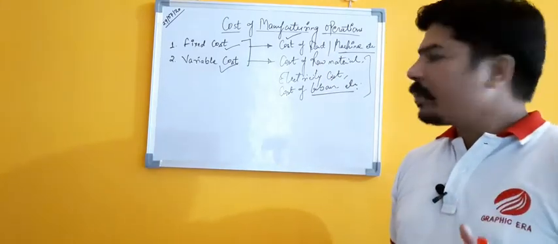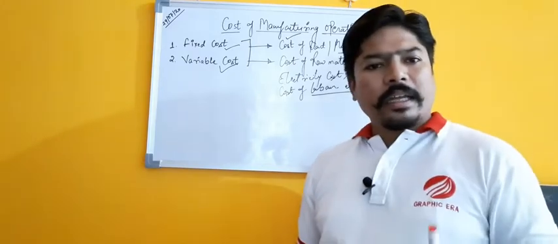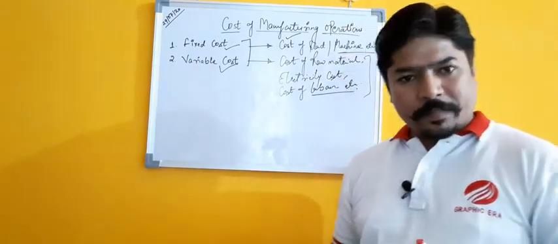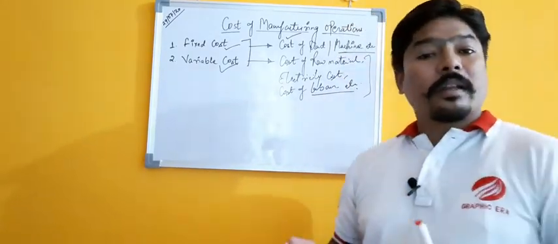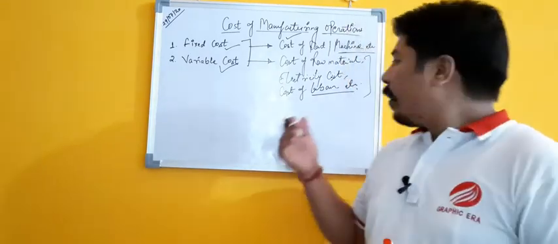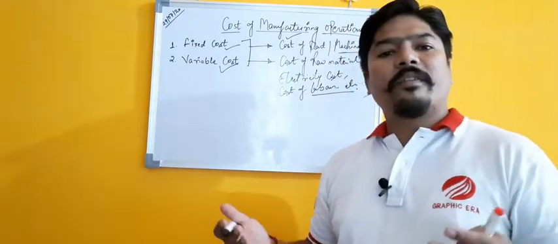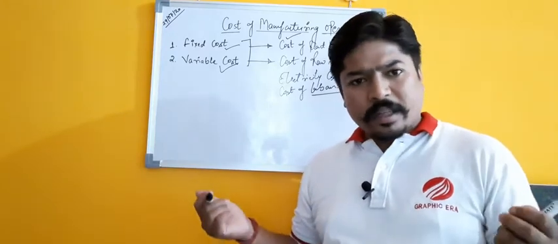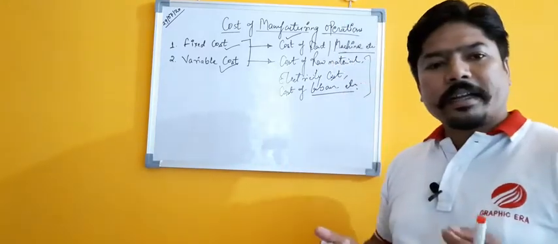For a certain type of product or component, the raw material may be different. The labor required for that particular part or component may be different, or the consumption of electricity may be different for different manufacturing operations. Okay, so these types of costs come under the category of variable cost.